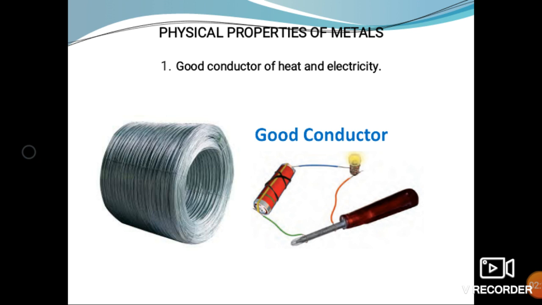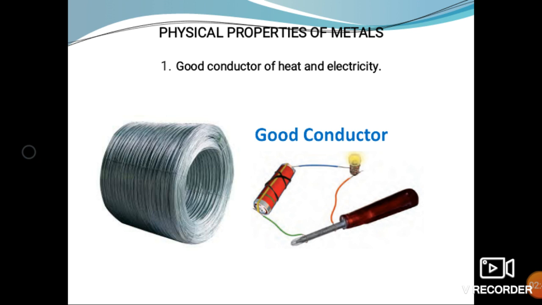In the second, there is a battery, wires, an electric bulb, and a screwdriver. From the battery, you connect to the metal screwdriver, and from that metal, you take out the wire and connect it to the bulb, and the other end of the bulb is connected to the other end of the battery, and the light will glow.